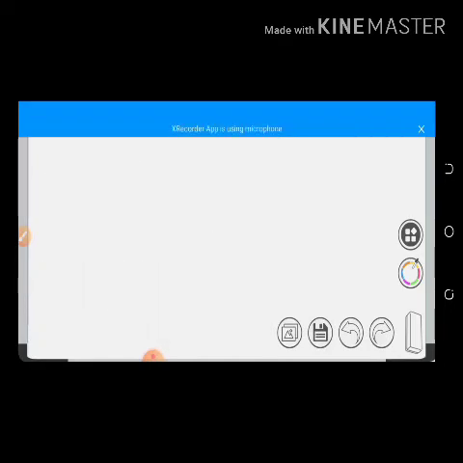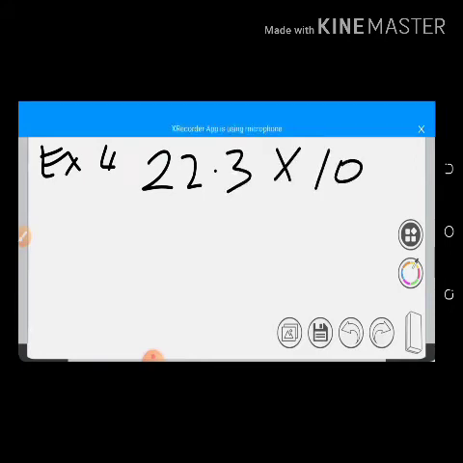I hope you understand that. Let me do another one similar so that you will understand. Example 4. Let's say 22.3 times 1000. So 1000 has how many zeros? 1, 2, 3. 22.3.